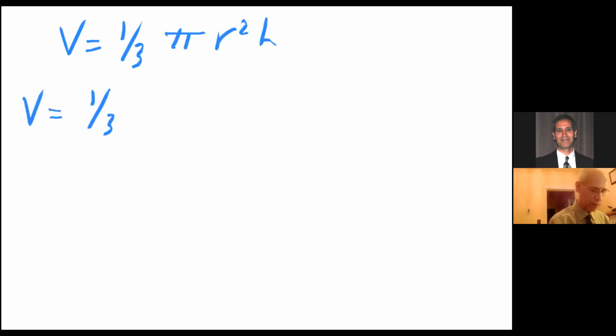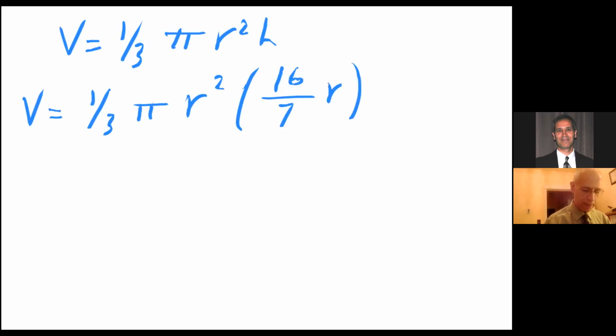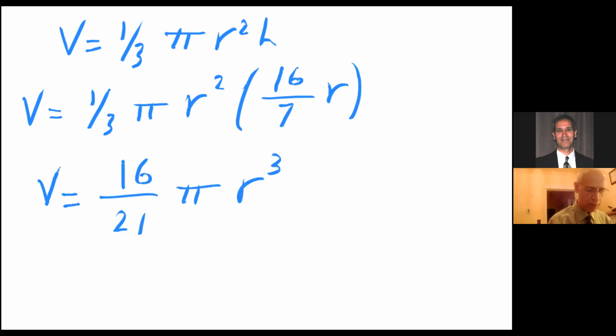I know that volume is 1/3 pi R squared H. H was given as 16. Actually, we found out it wasn't given. We found out just a minute ago that H equals 16 over 7 R. If I simplify that, I have volume equals 16 over 21 pi R cubed.